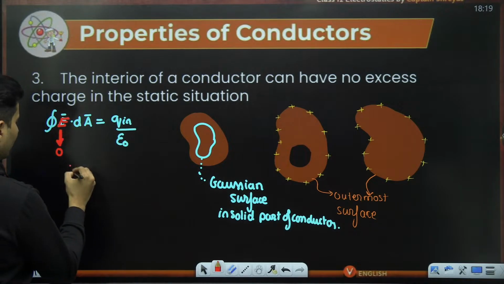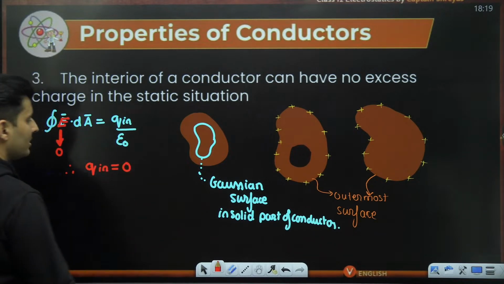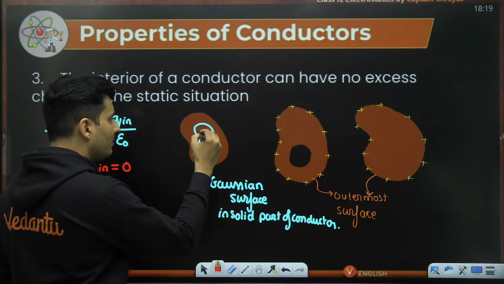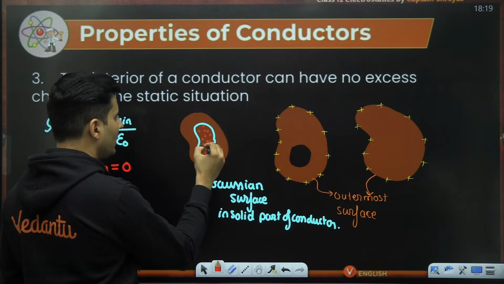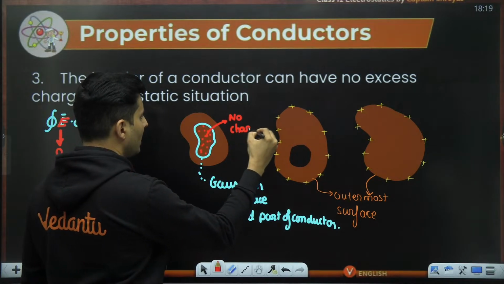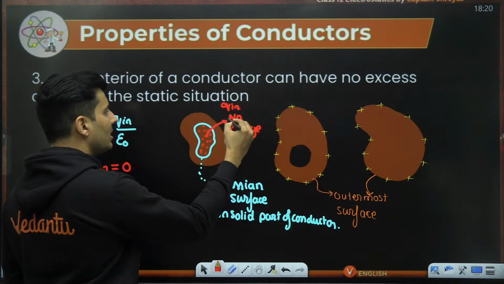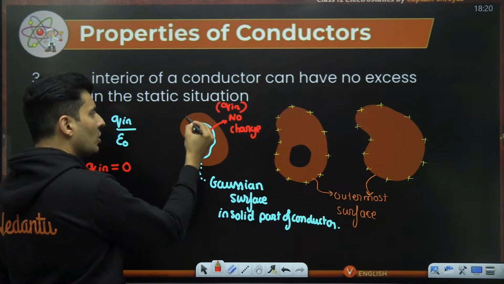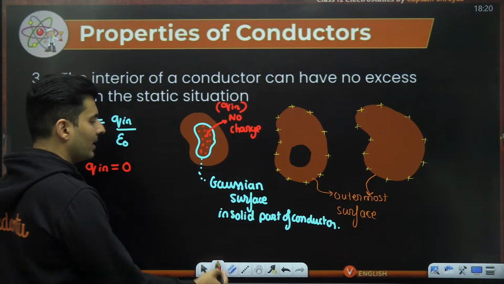So therefore LHS is 0. Therefore the charge inside must be 0. So this part has no charge at all. There cannot be any charge here. The inside charge should be basically 0. So whatever charge is there should be on the outermost periphery.